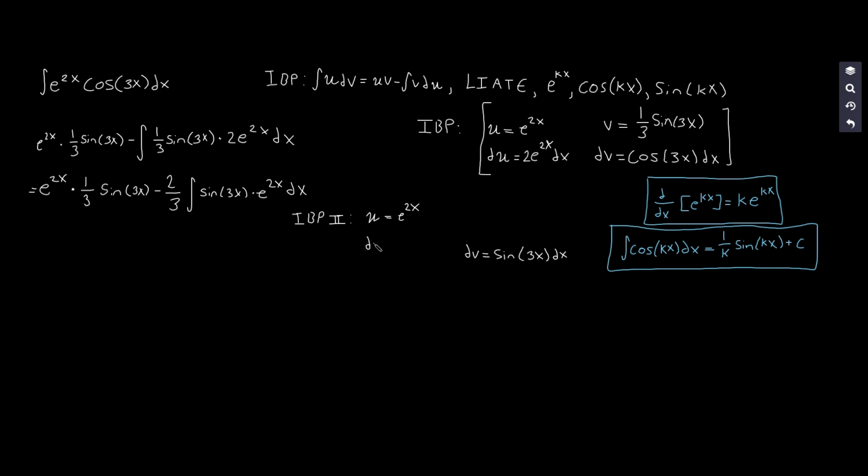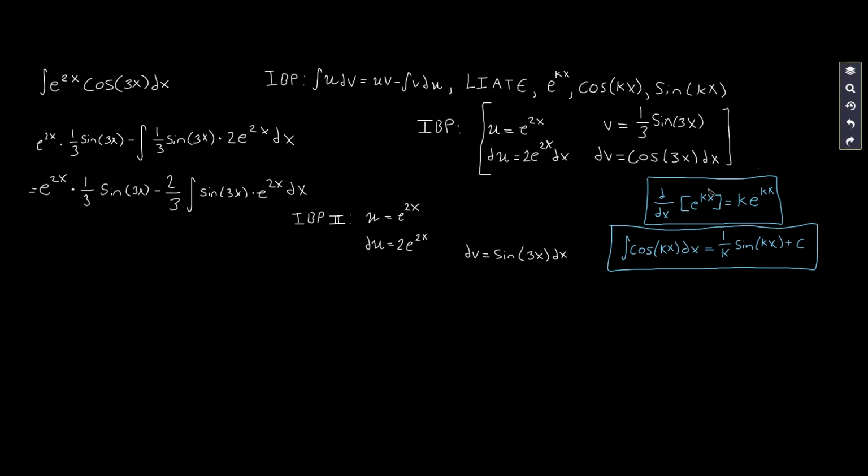Well, so we can take the derivative of e raised to the power of 2x. It's going to be 2 times e raised to the power of 2x, integration with respect to x. Excuse me, well, what's this derivative?